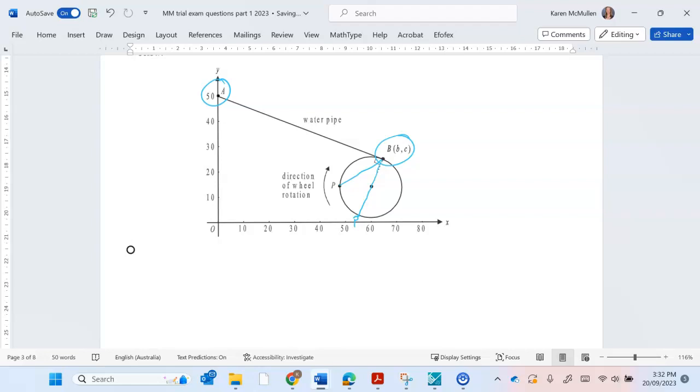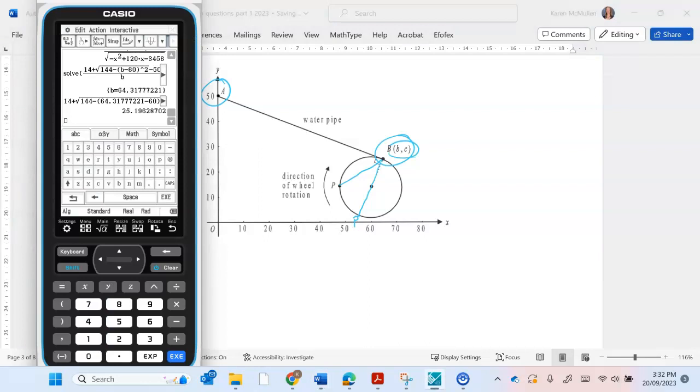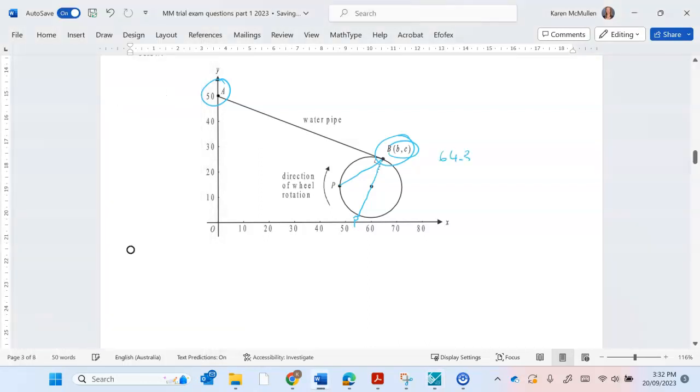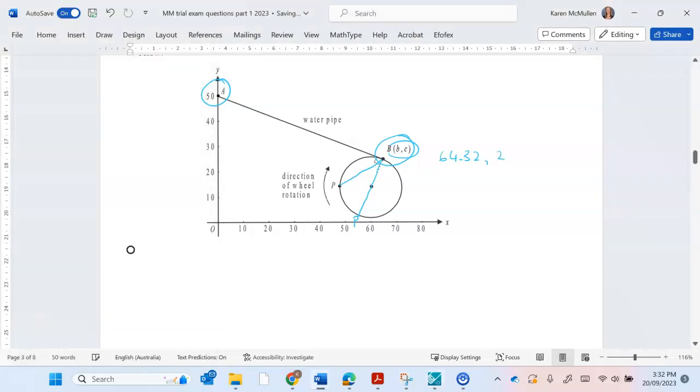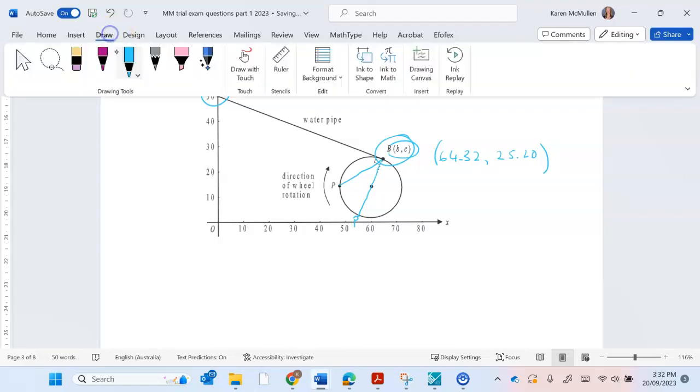Now we've got to figure out how to work that out. Now BC, that's going to help. Let's just write that point down again: 64.32 and 25.20. So when I did that, I could straight away think, oh, I've got a right angle triangle. So I might draw that in a different color just to show you.